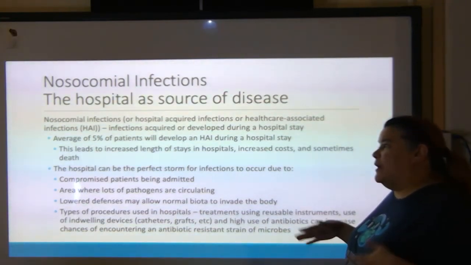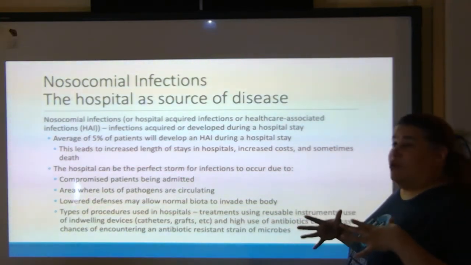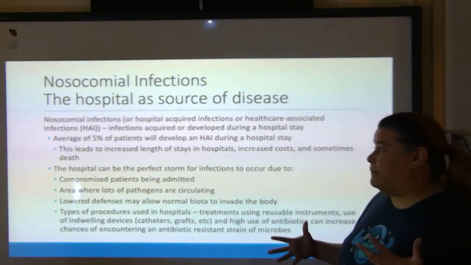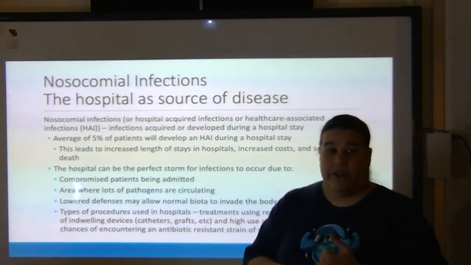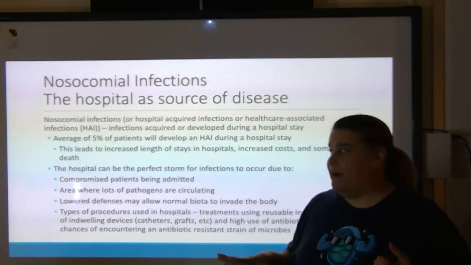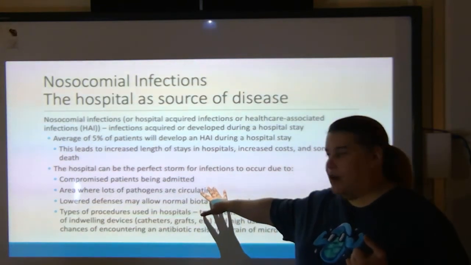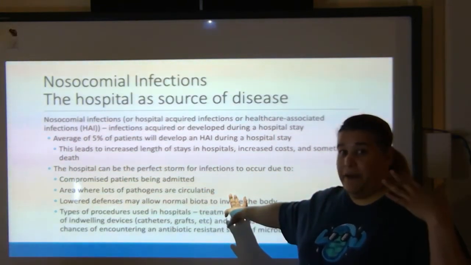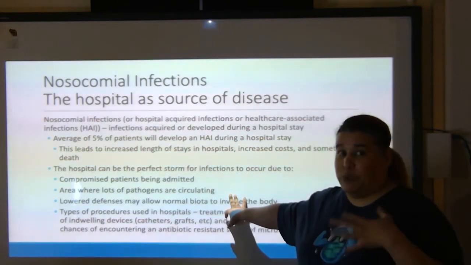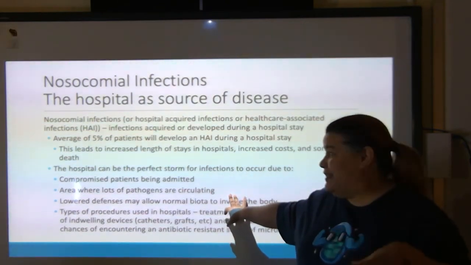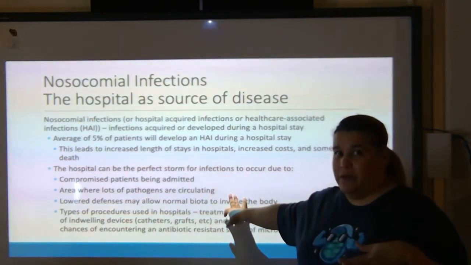The hospital is kind of the perfect storm for infections to happen. You have people that are already compromised being admitted into the hospital. You have multiple pathogens, multiple sick people with different sick things in the hospital.